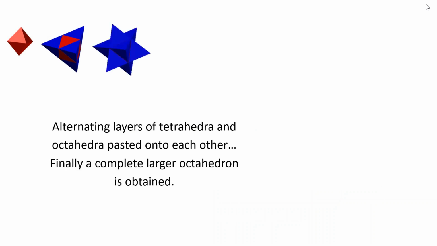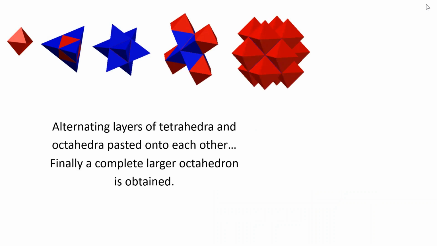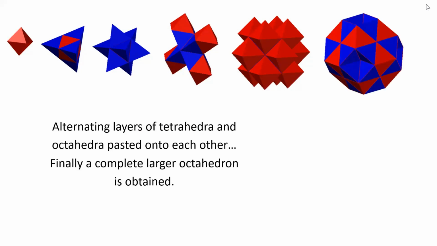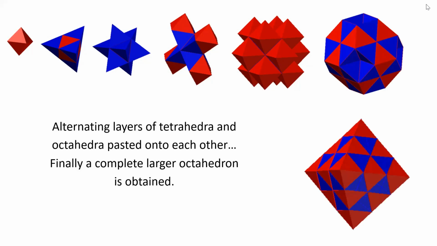Then we proceeded to stick on more tetrahedrons, and in the valleys, we start sticking octahedrons again, and we can fill, and they fit perfectly together. So we get just octahedrons on the outside, and then in the valleys, we can pack tetrahedrons again, and then octahedrons on the corner. And what do we see in the end? That we get a bigger octahedron made up of smaller, perfectly tessellating tetrahedrons and octahedrons.